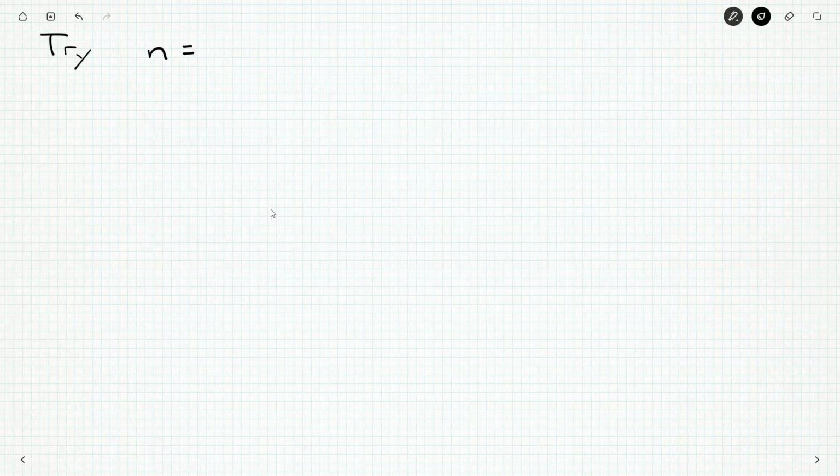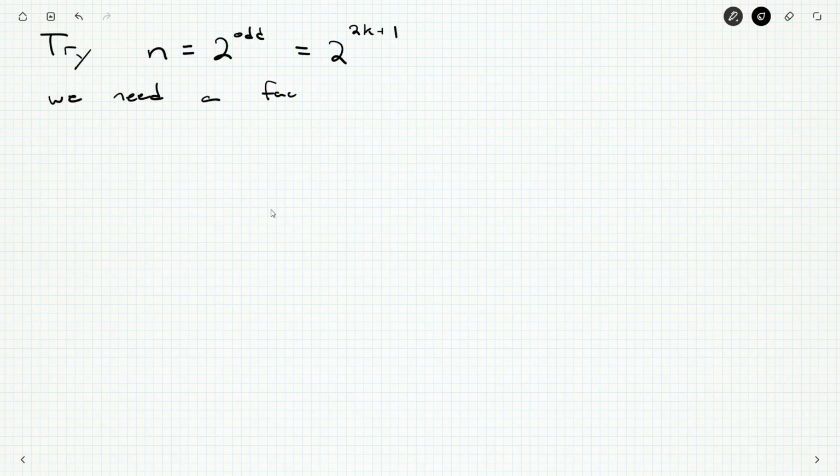So let's try n is equal to 2 to some odd power. Now we can write odd numbers in a very nice way, 2 to the 2k plus 1. We need a factor of 2 to make a perfect square.